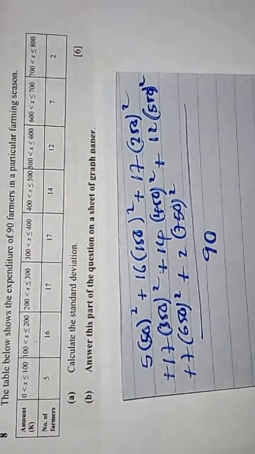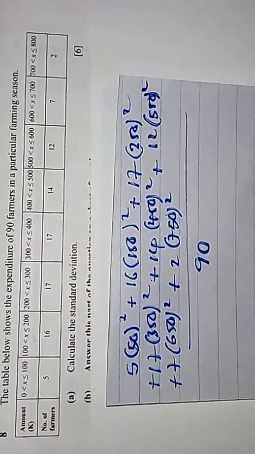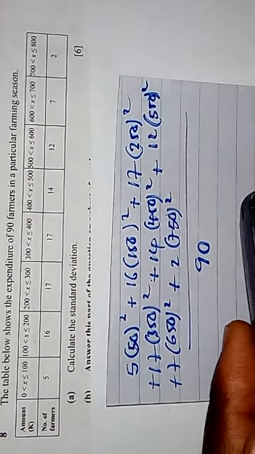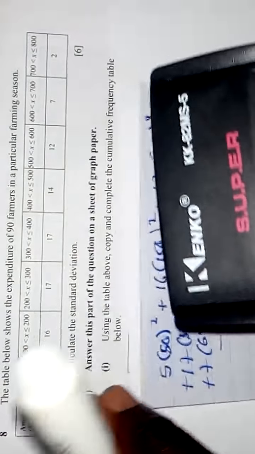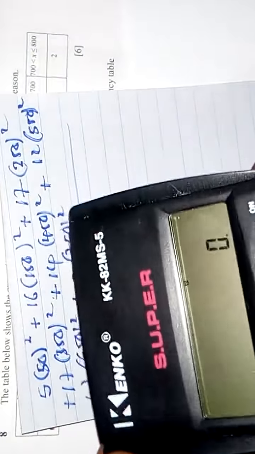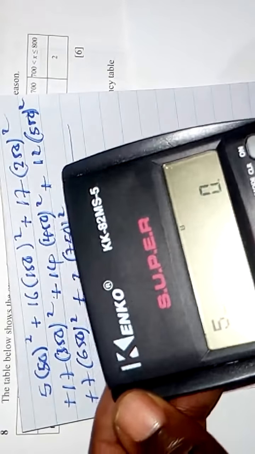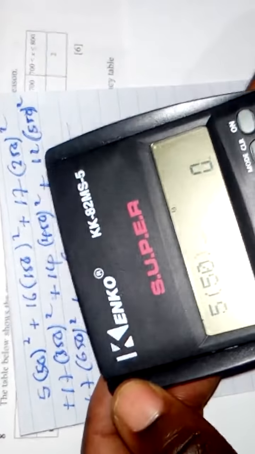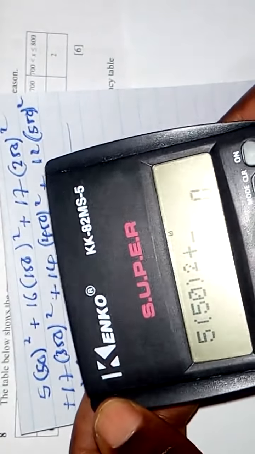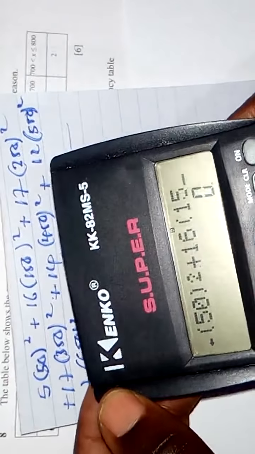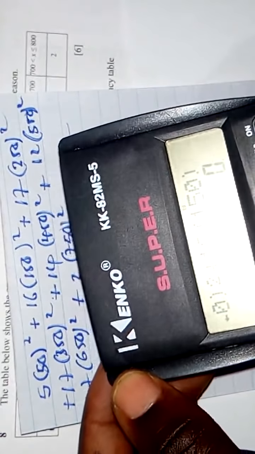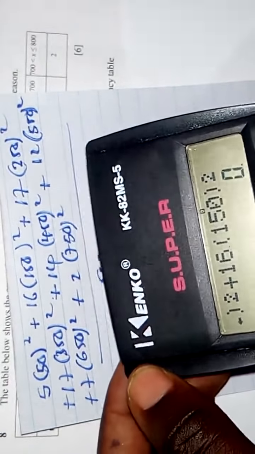90. Once you do this, you can punch it on your calculator. It's very easy, like we were doing earlier on. We'll start: 5, open, 50 squared, plus 16, open, 150 squared. This time around we're putting power 2.